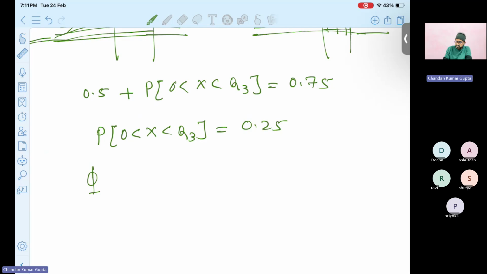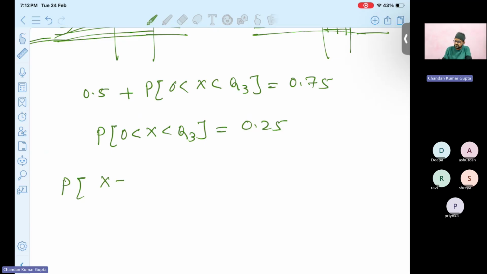Also we can write it like this. I have missed one thing actually: this is a normal variate. Let me first convert it into standard normal form. I had forgotten that.